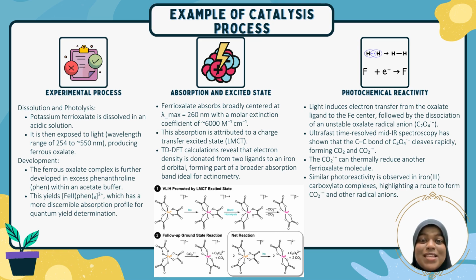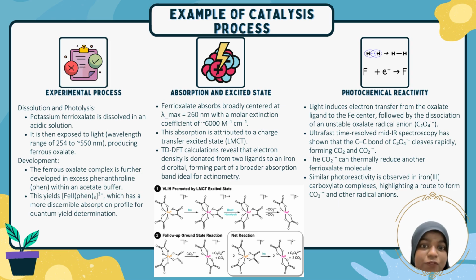Here the process is divided into 3 sections, which are the experimental process, absorption and excited state process, and lastly the photochemical process. The process starts by dissolving potassium ferrioxalate in an acidic solution and exposing it to light, which induces an electron transfer from the oxalate ligand to the iron center.